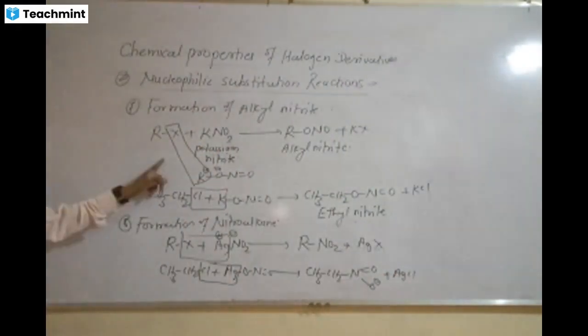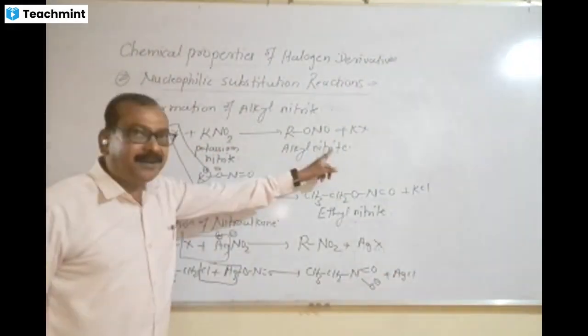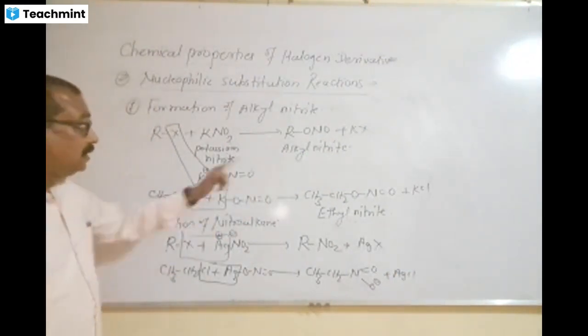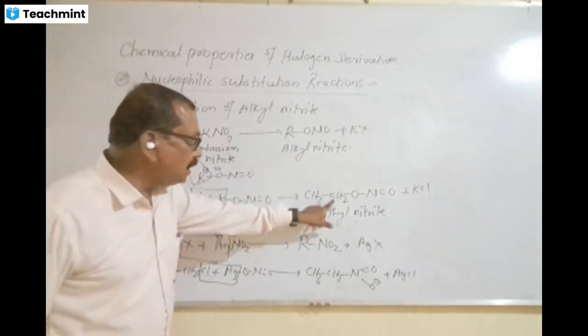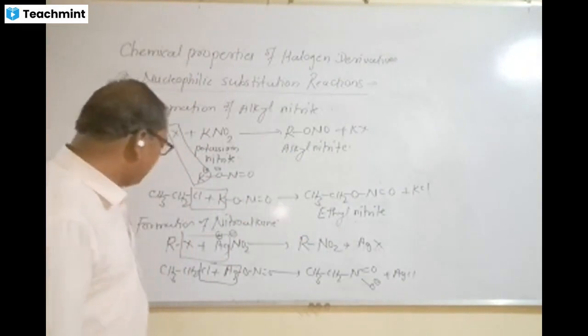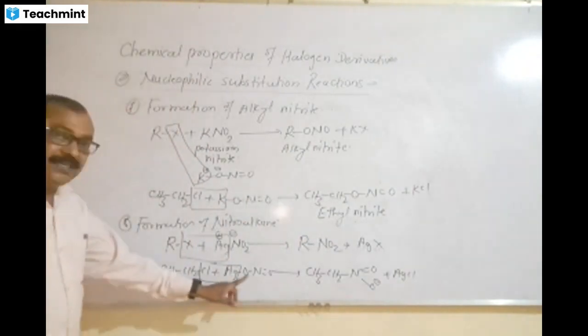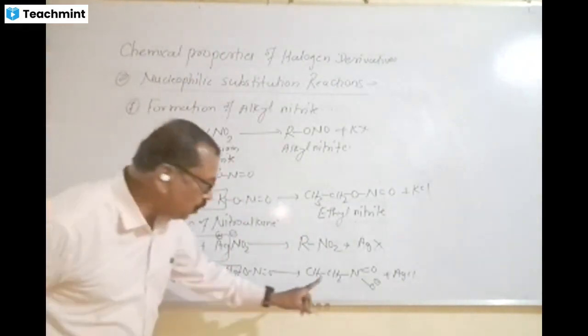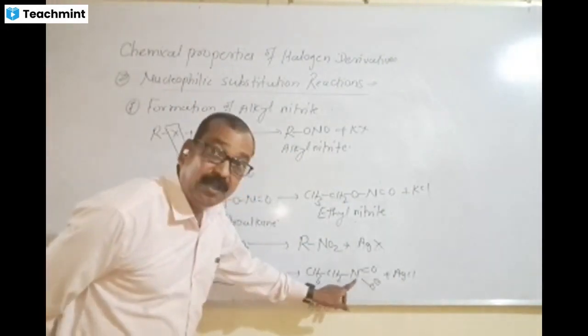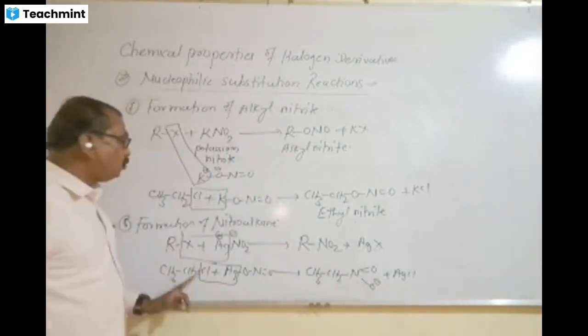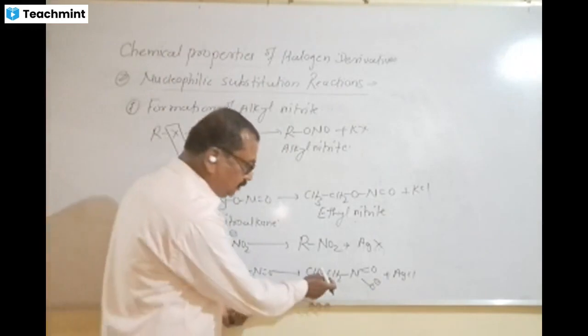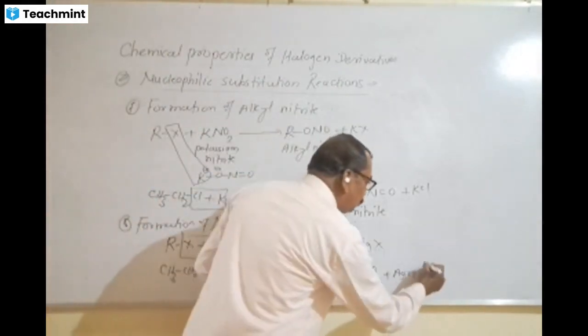Earlier, when alkyl halide reacts with potassium nitrite, a bond is formed between carbon atom and oxygen atom. And when silver nitrite is treated with alkyl halide, here the bond is formed between carbon and nitrogen. Final products are nitroalkanes. Name of this nitroalkane is nitroethane.